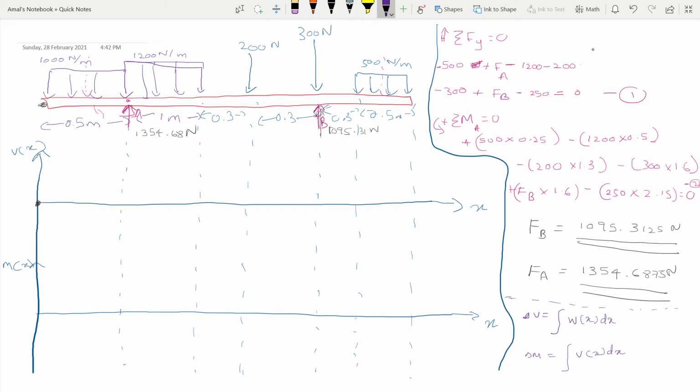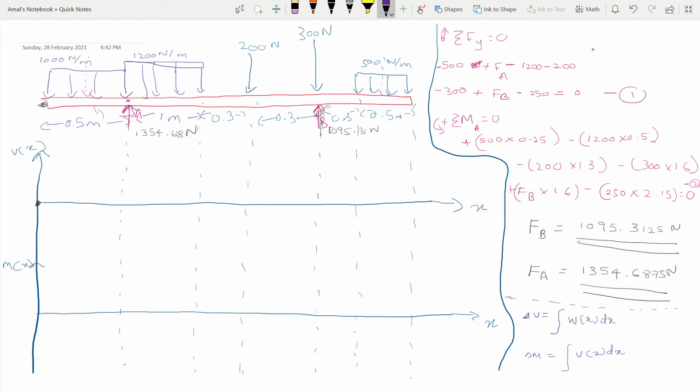Okay, so to find the change in shear, we need to get the integral of the load. So what happened here? This is going to be a downward, so it's a negative distributed load, right? So the shear force is going to decrease. How is it going to decrease? Linearly. Okay, so I'm sorry, the shear force is not going to decrease.